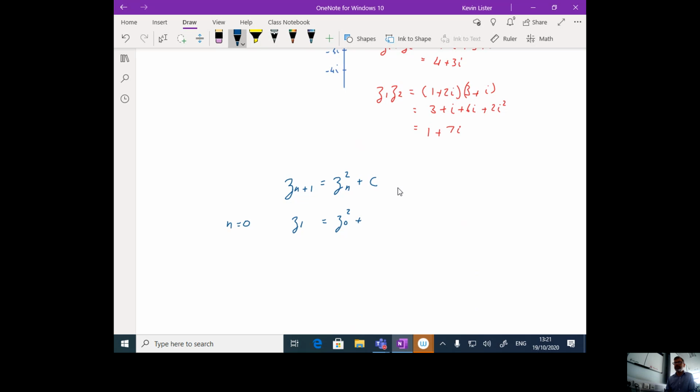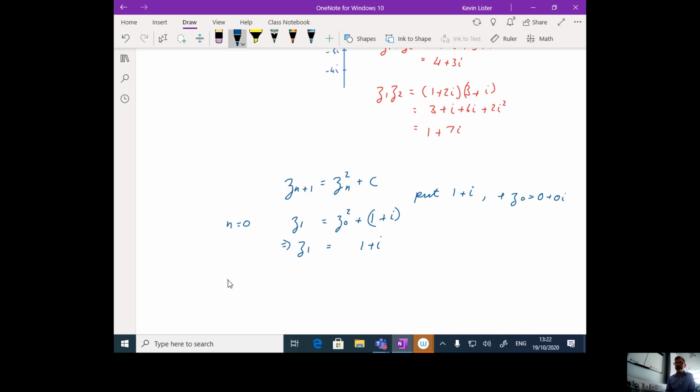And c we can take as any value on the plane. We might say c is, for example, 1 plus i, just using easy numbers to demonstrate. And we start off with z0 equals 0 plus 0i. Now, what happens now? Well, this is now 0, so that means that z1 is 1 plus i.